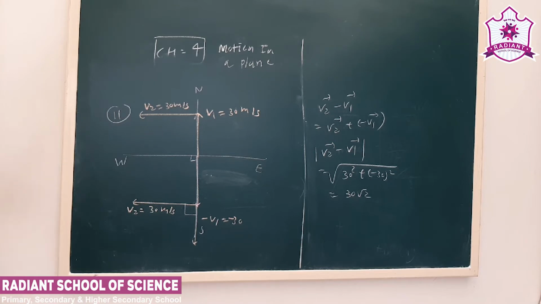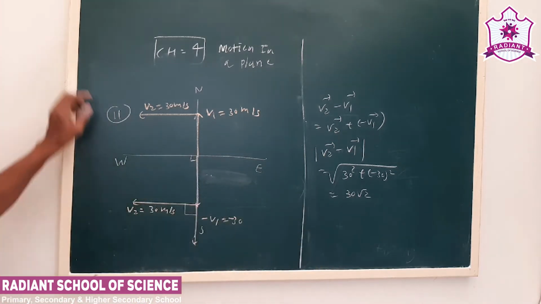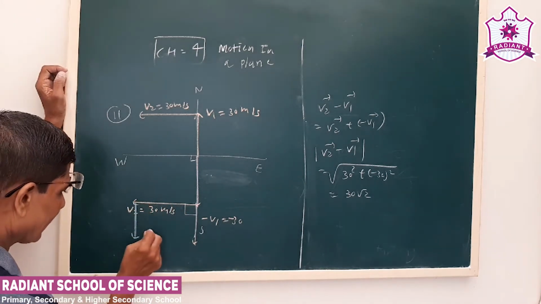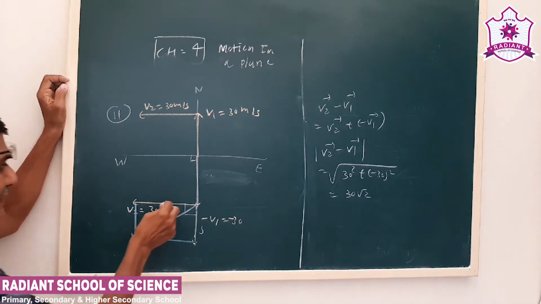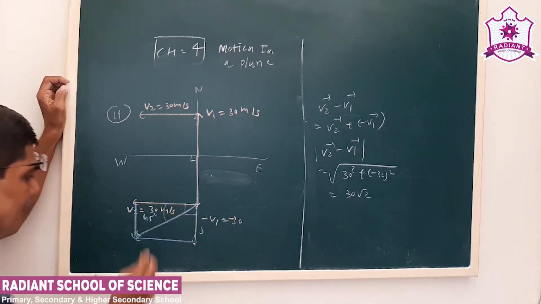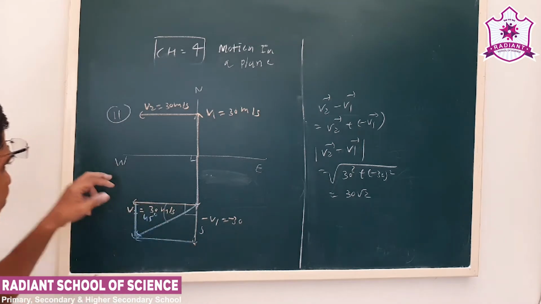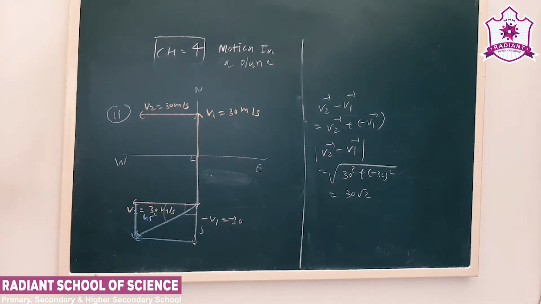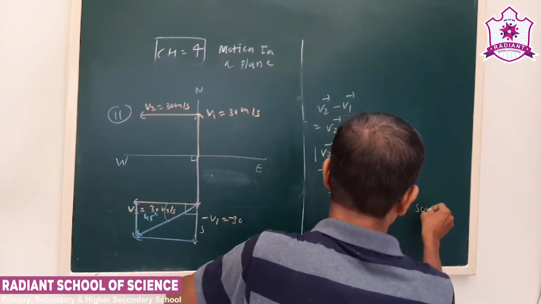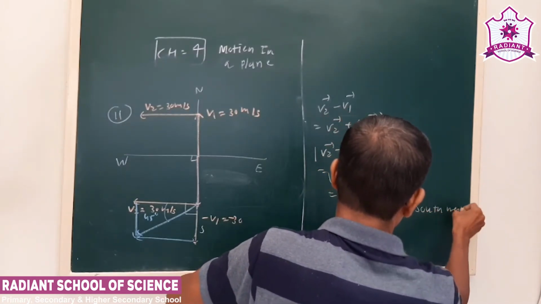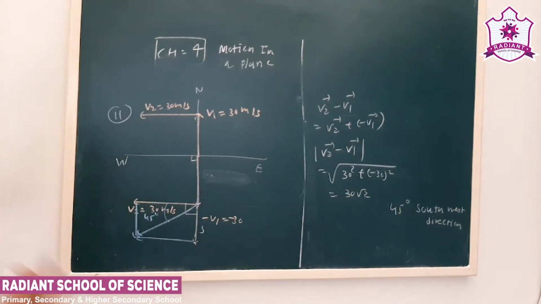These two are equal, you can use the parallelogram law. So this angle is 45 degree. The direction is in the southwest. So the change is 30 root 2, with direction 45 degree in southwest. This is how we can solve.